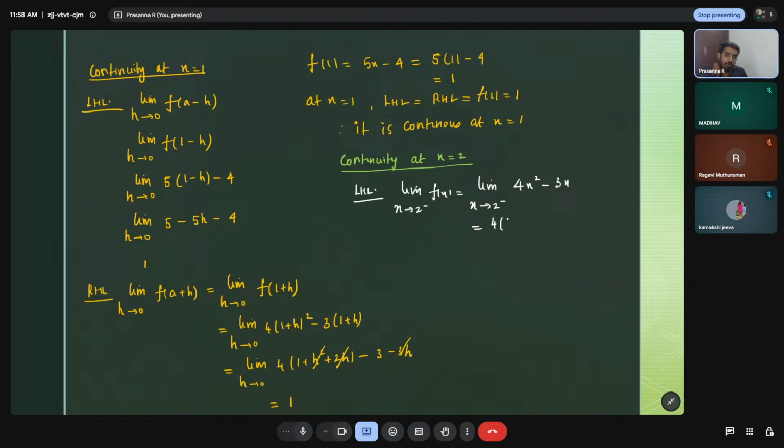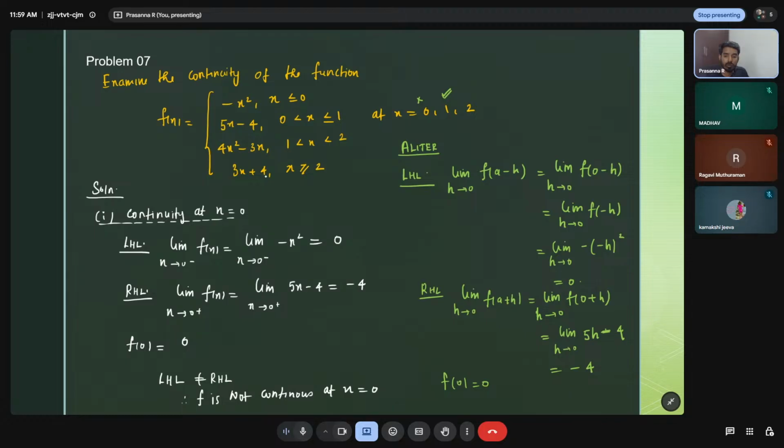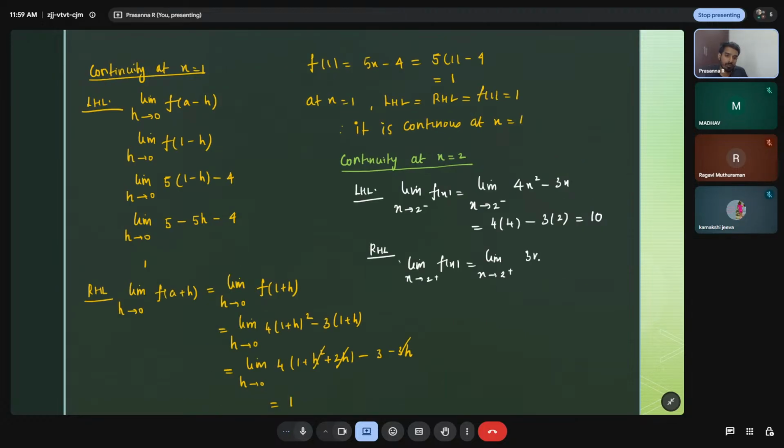So 4 into 2 square is 16, minus 3 into 2, so it will be 10, right? Now you find RHL, limit x tending to 2 plus of f of x. So to the right of 2, it is 3x plus 4. So you put 2 here. So 3 into 2 is 6, plus 4 is 10.